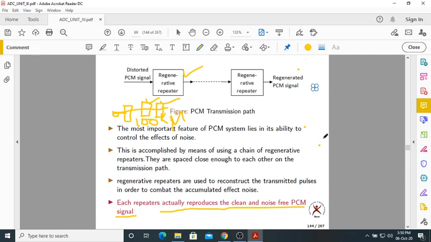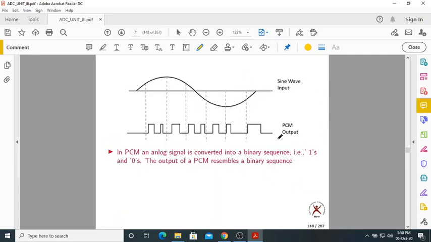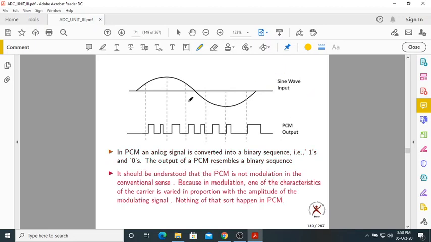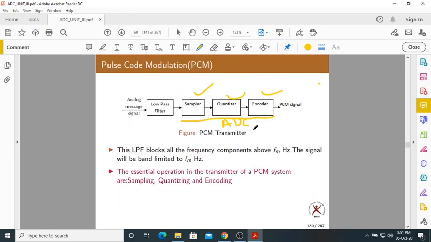As soon as it is getting added, we are removing it along the transmission path. Now, this is the simple diagram which shows the sine wave and the corresponding PCM signal. It's just the ADC, analog to digital converter. But here, one thing should be understood very clearly. What is the name of this technique? I told you, pulse code modulation.